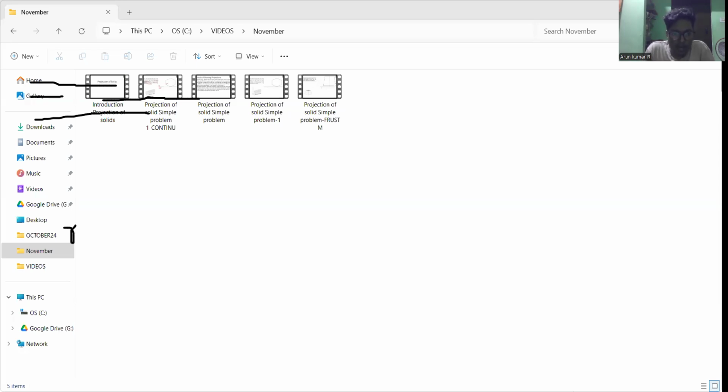So what is my radius? The radius is 40 mm. Why? Because the diameter is 80 mm.